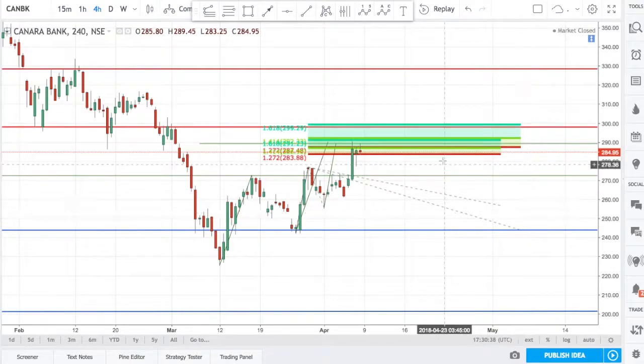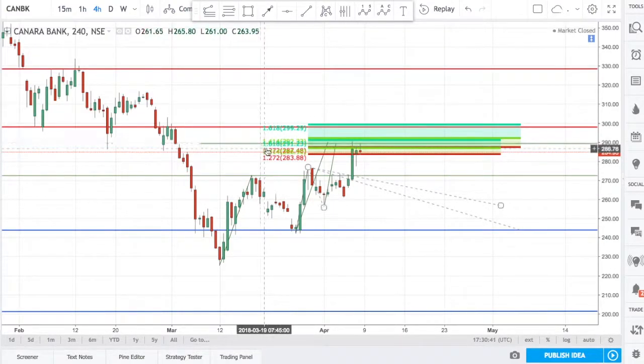As you could see here, there is a confluence of 1.618 and 1.414 and a confluence of 1.272 and 1.414.